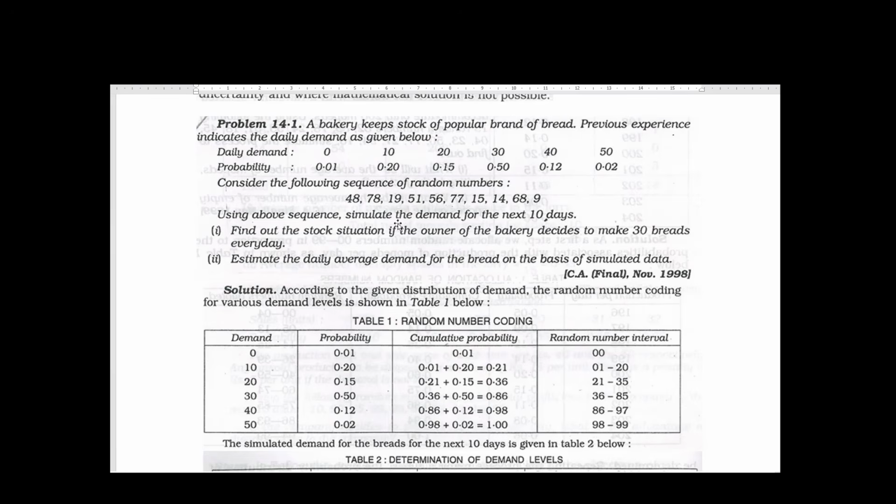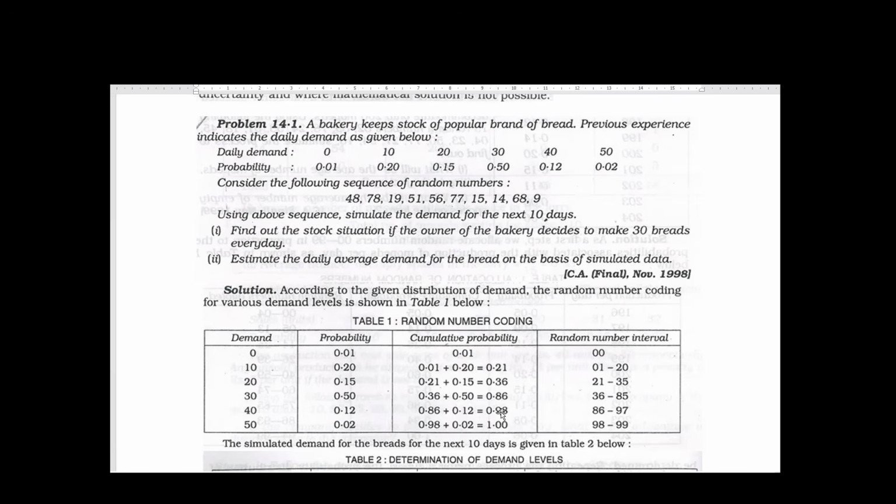Now we have these random numbers which are single digit as well as two digit. So we will consider the maximum possible random number as 99, which is the maximum two-digit number, and we will allocate 99 to this one, meaning 100. So you have this 100, you will put 99.